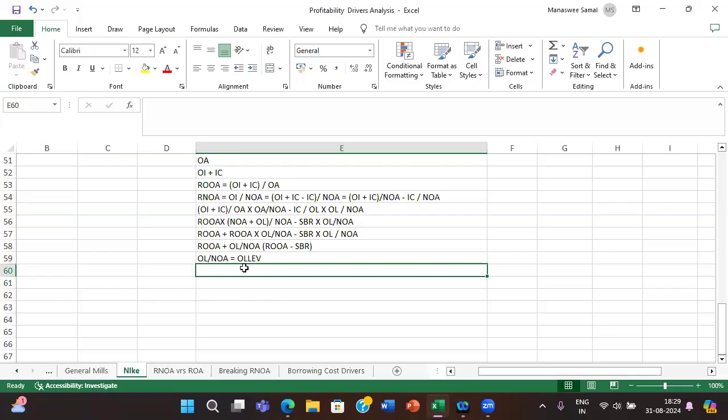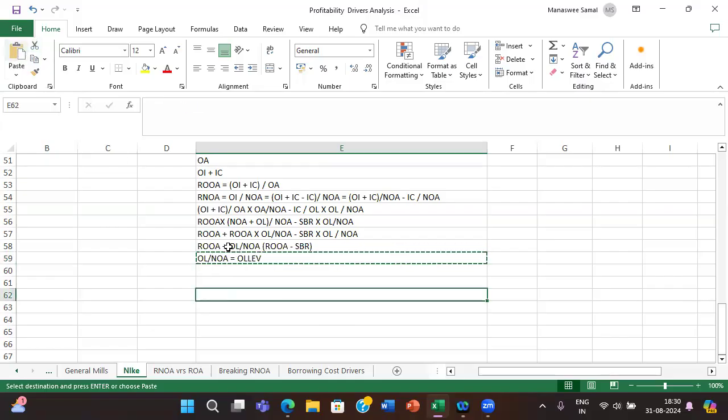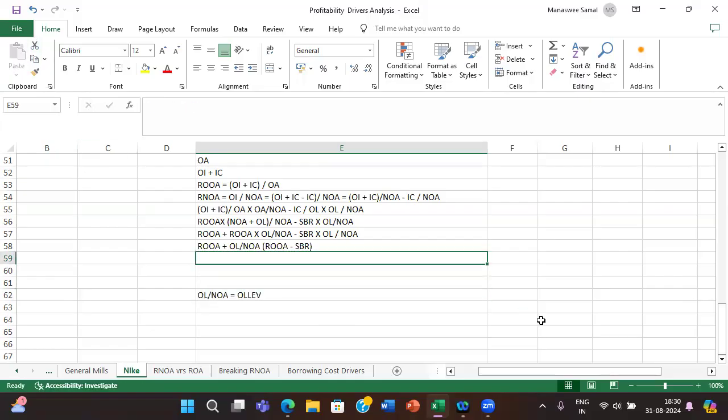My final version of the equation would look like RUA plus OLF, operating liability leverage, times the spread, which is RUA minus SBR. This is also a spread.